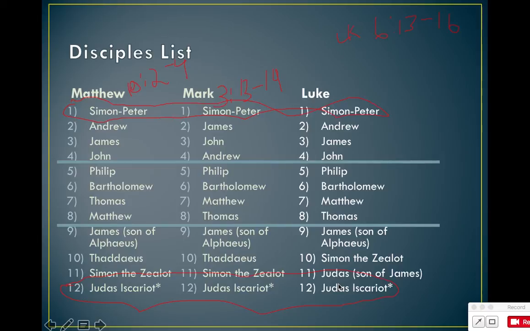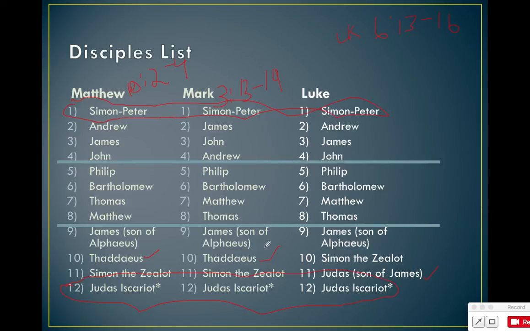You also might think, well, I look at this list here, and especially in this last group, I have Thaddeus here, but I have no Thaddeus over here. But I do have Judas, the son of James, who is not listed in these.